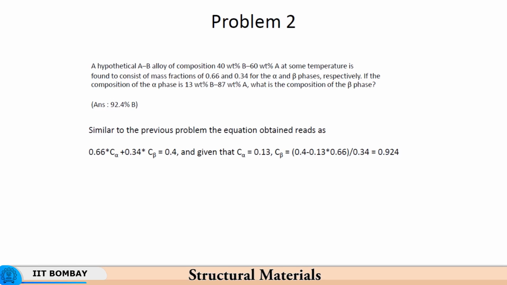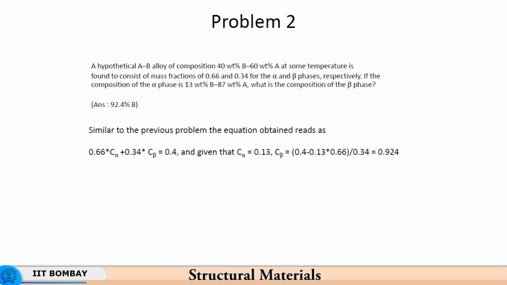So, weight fraction is 0.4 in one case and 0.6 in the other case, right. C alpha is 0.13, C beta is equal to 0.924.